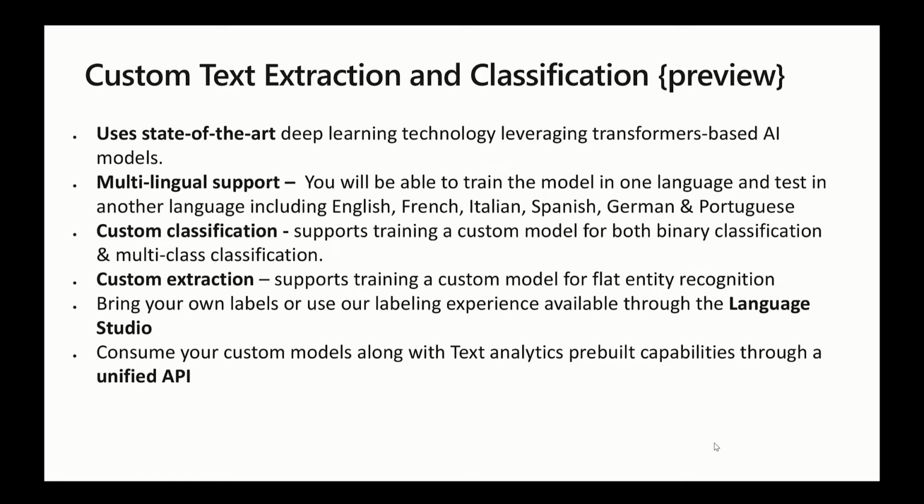In that case, you would probably build a custom model. Of course, you can build a model from scratch and provide millions of data, sometimes thousands, depends. But there is an easier way to do that, and that's what we call custom text analytics, or custom extraction of text or classification.